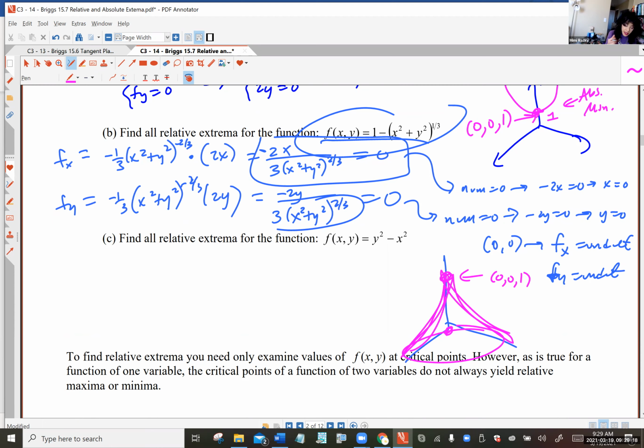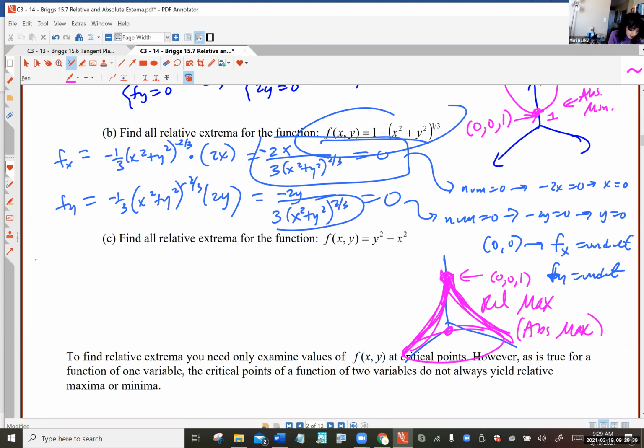The reason why the partials are undefined is because you've got this cusp happening here. Yeah, it's like that sharp corner, and it turns out to be a relative max as well as an absolute max. So this critical point gives us a rel max, which is also an absolute max. The max of the Hershey Kiss.